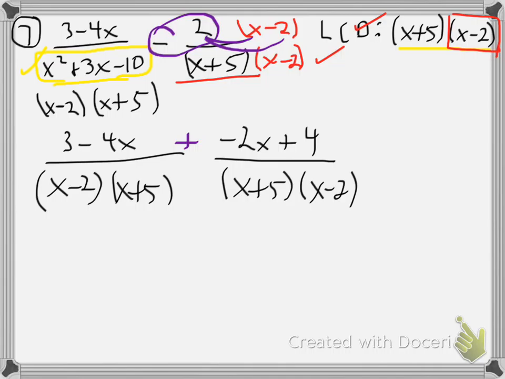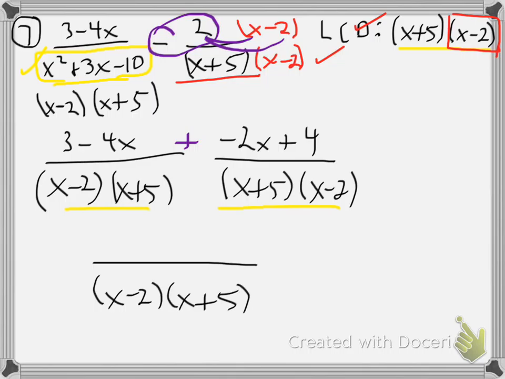Now when we look at these, they have the exact same denominator, so I can add numerators. So my final answer is going to have x minus 2, x plus 5 in the bottom. And in the top, let's start adding. 3 constant with 4 constant is 7, and it's a positive.